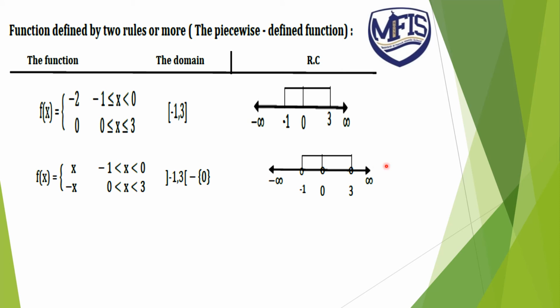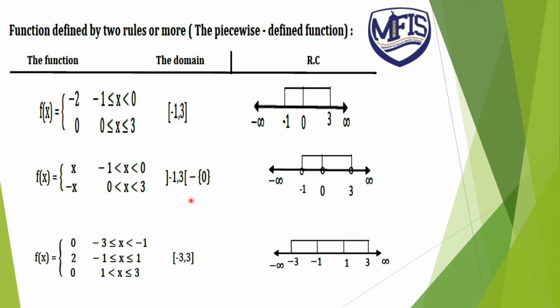If we draw the number line and put -1, 0 and 3, we get the domain from -1 open to 3 open, this whole interval except 0, because 0 is not included here or here. So the domain of this function is from -1 open to 3 open, except 0, that is minus the set containing 0.